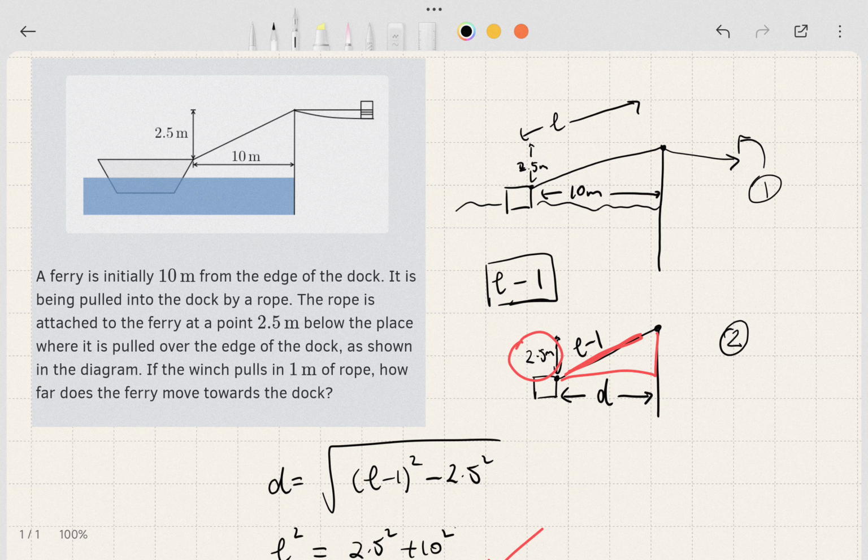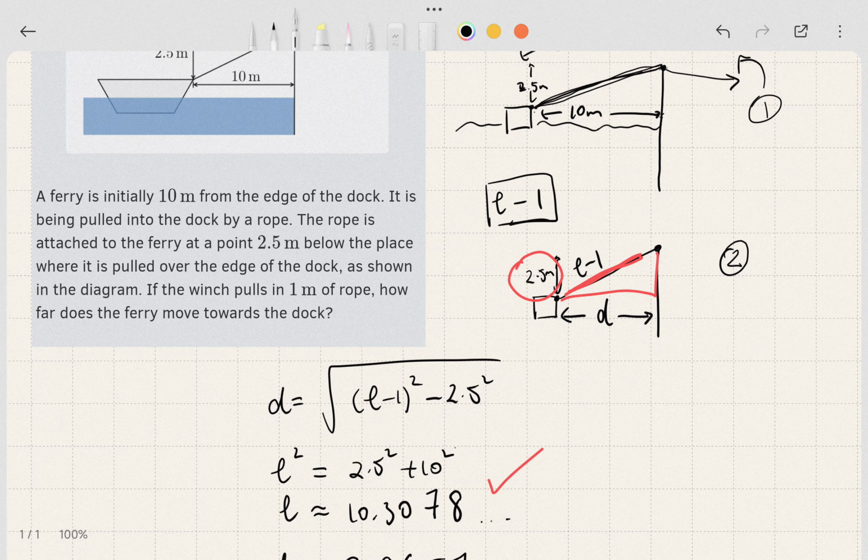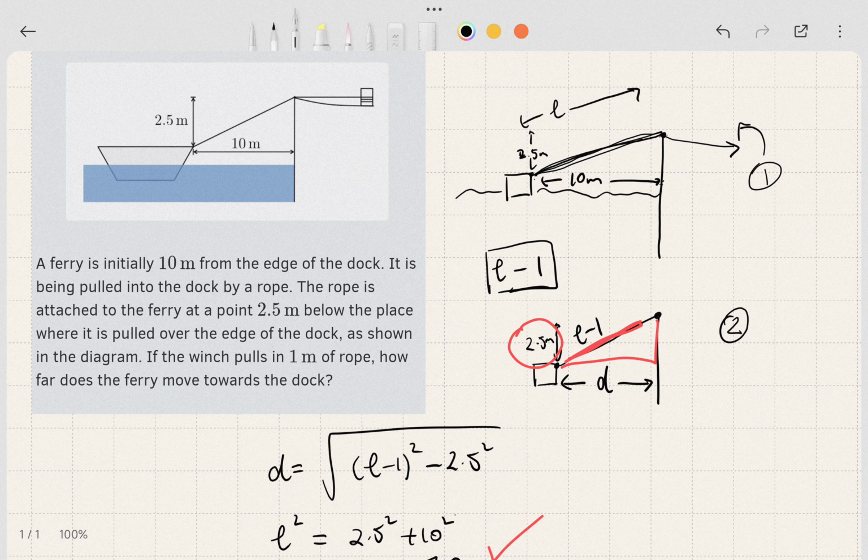So prior to the pull, we have this configuration where the L is the hypotenuse, or the distance between the boat and the dock, as shown. 10 meters and 2.5 meters. That's correct. Let's reread the question again. So it says, if the winch pulls in 1 meter of rope, how far does the ferry move towards the dock?